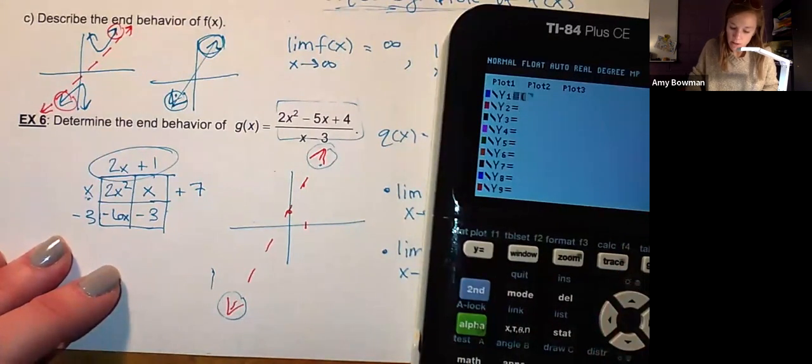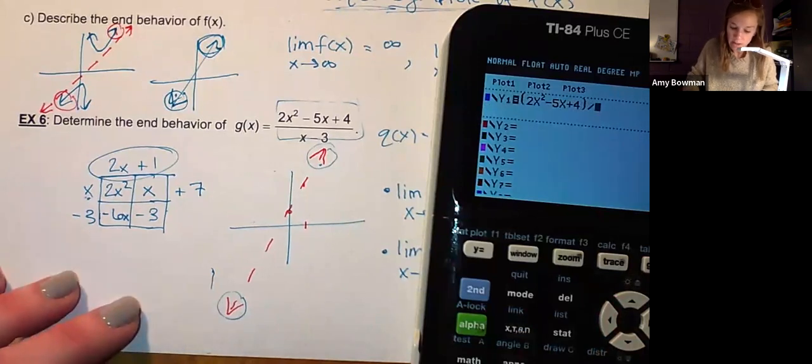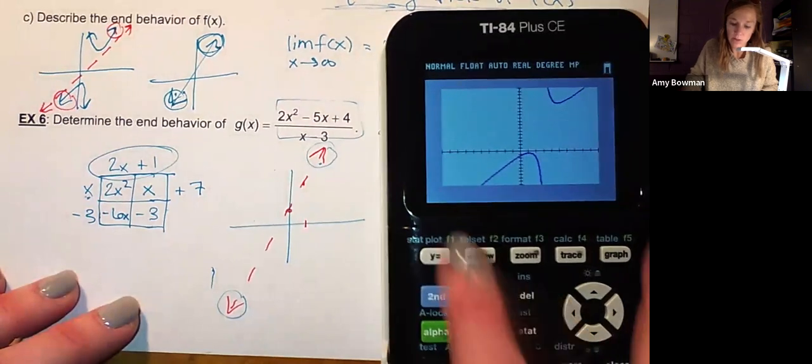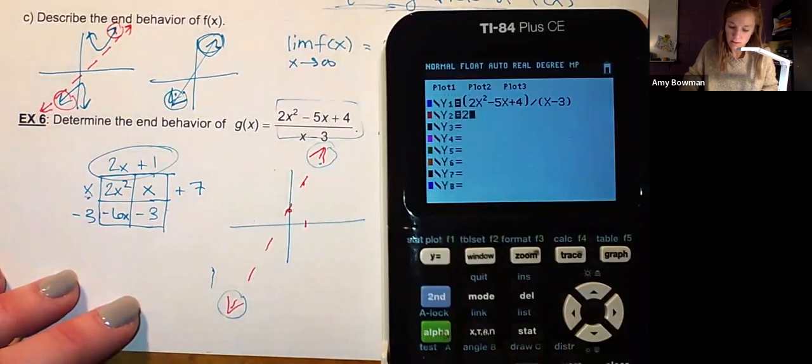So we can graph 2x squared minus 5x plus 4 divided by x minus 3. Let's see what that graph looks like. And then I can graph my quotient 2x plus 1, and we'll see that same relationship here.